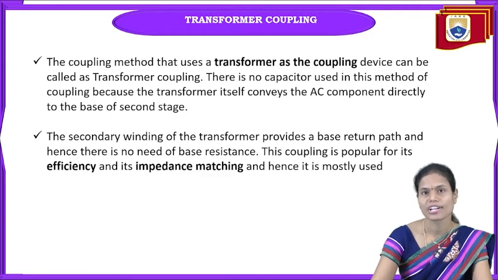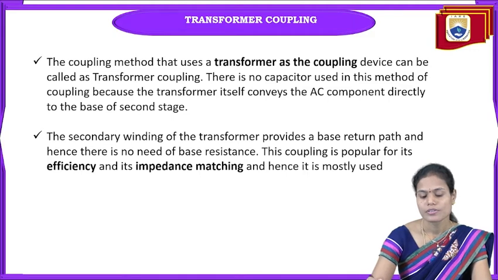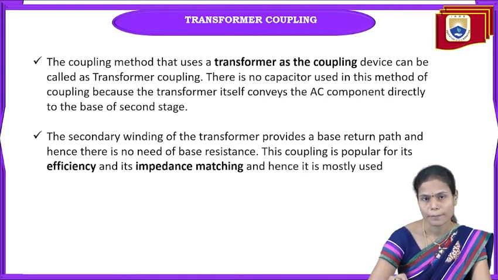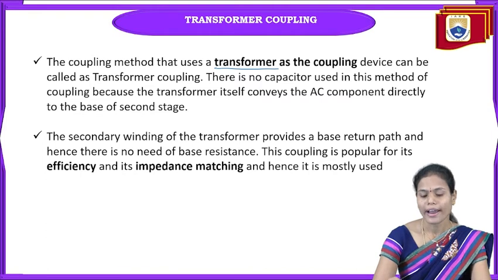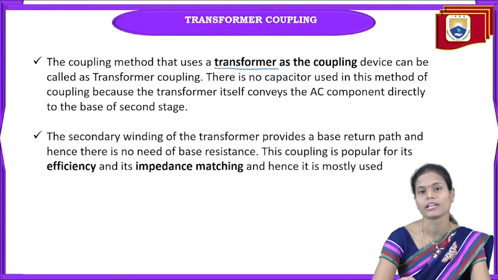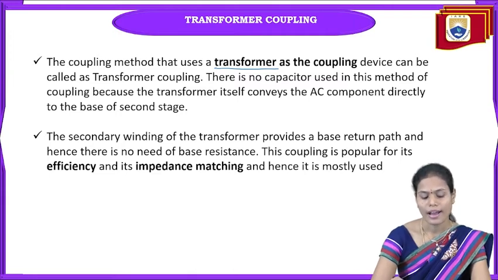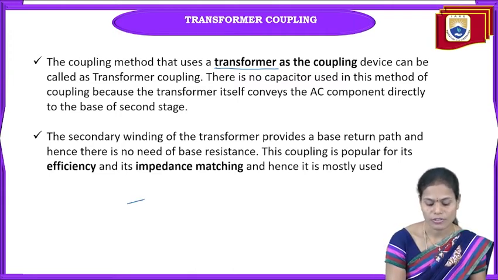And the next one is transformer coupling. In transformer coupling, between the stages of the multi-stage amplifier, we use a transformer as the coupling device, and here we are not using any capacitor. Why? Because the transformer itself blocks the DC signal and allows the AC signals to the base of the second stage. The transformer has a primary winding as well as a secondary winding.